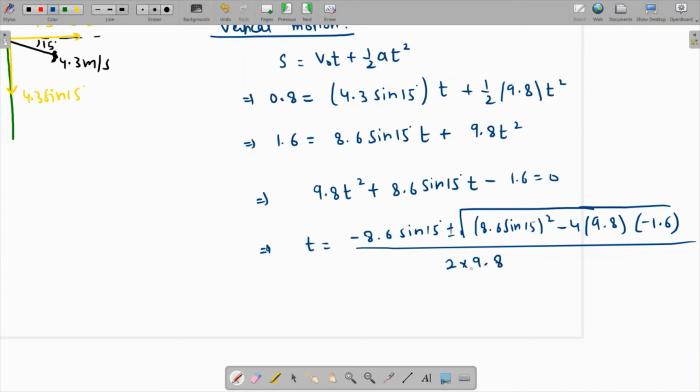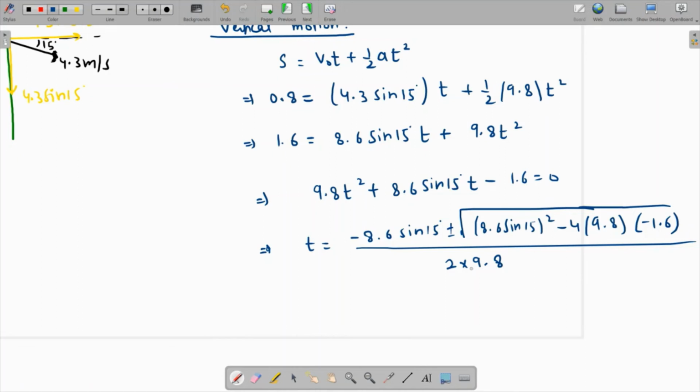This is what is coming: 8.6 times sin 15, squared, plus 4 times 9.8 times 1.6. This is definitely going to give me two values, but I'm going to take the positive value because time cannot be negative.